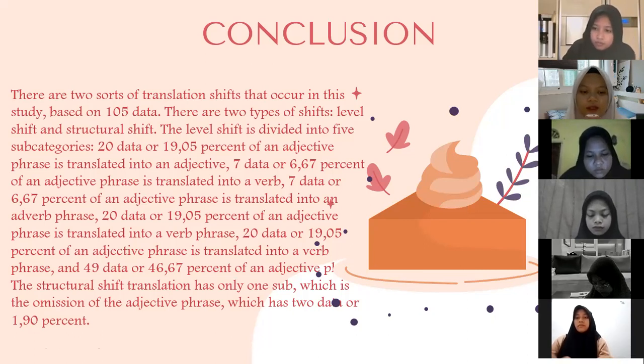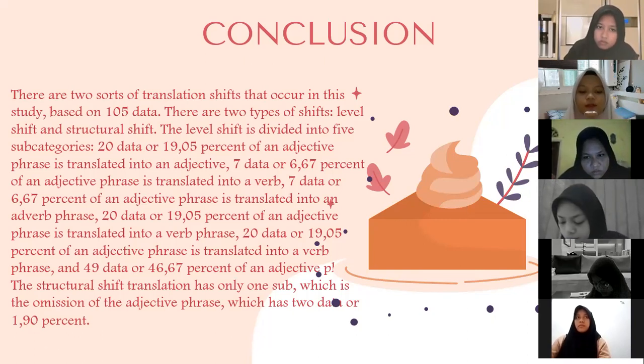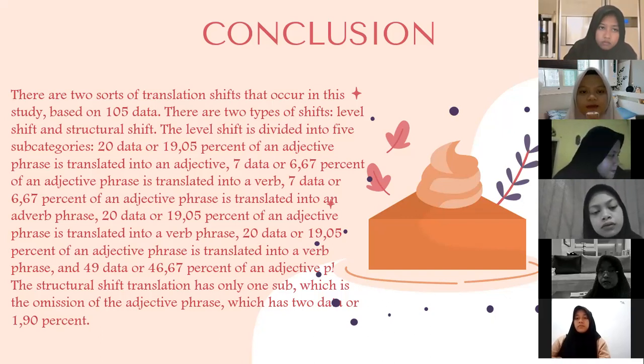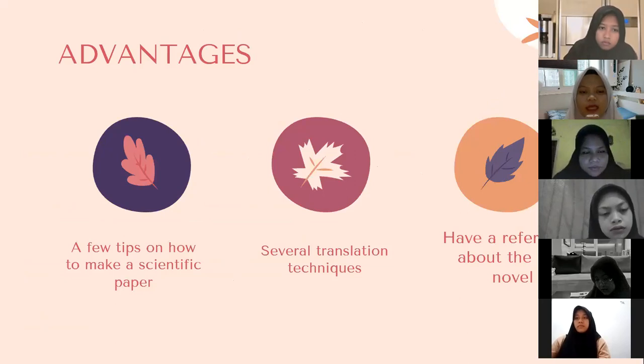The structural shift translation has only one sub, which is the omissions of the adjective phrase, which has two data or 1.90%. Next, please.